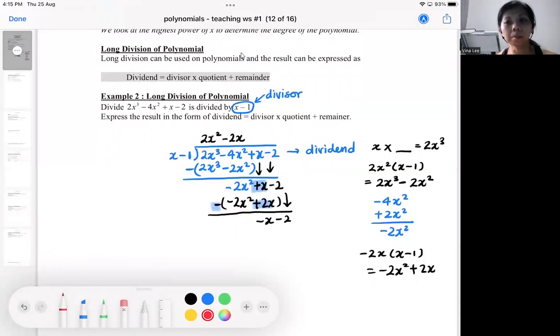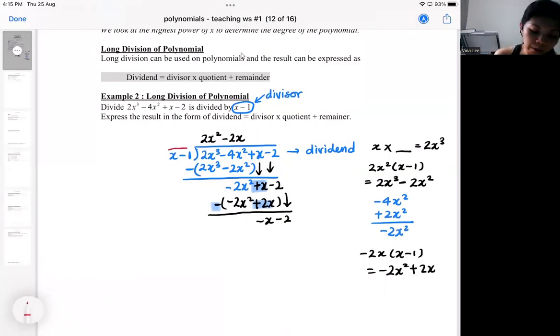We will not be able to carry on if the remainder is 1 degree lower than the divisor. This is a linear divisor, which means the degree is 1. So you will stop when your remainder is degree 0.